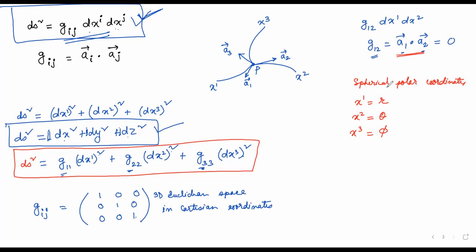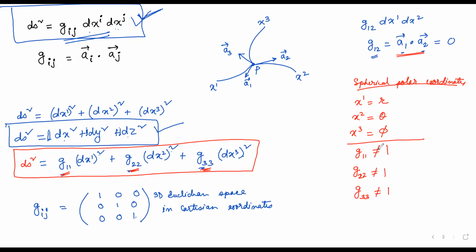But for spherical polar coordinate systems, G11, G22, and G33 are no longer 1.